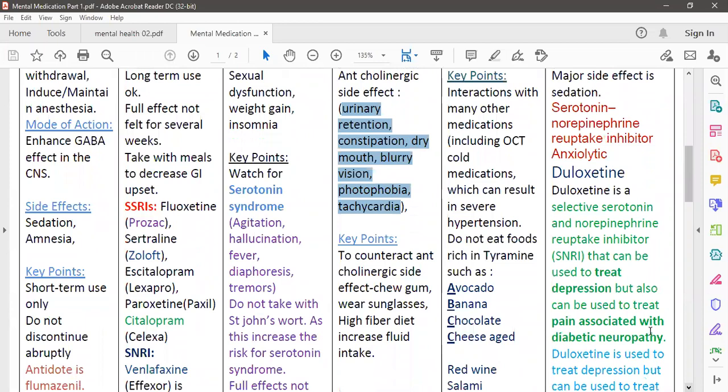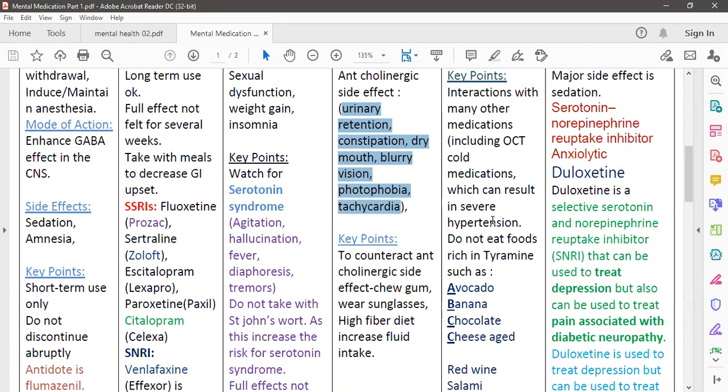What are the key notes for the NCLEX board exam? They interact with many other medications, including over-the-counter or cold medication, which can result in a severe hypertensive crisis.